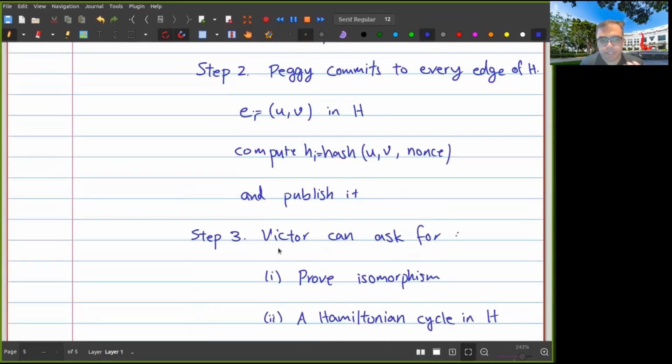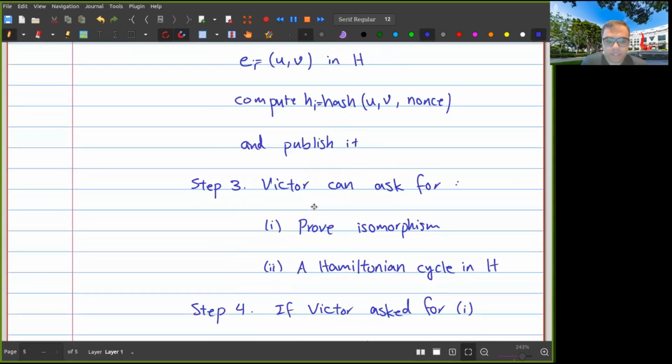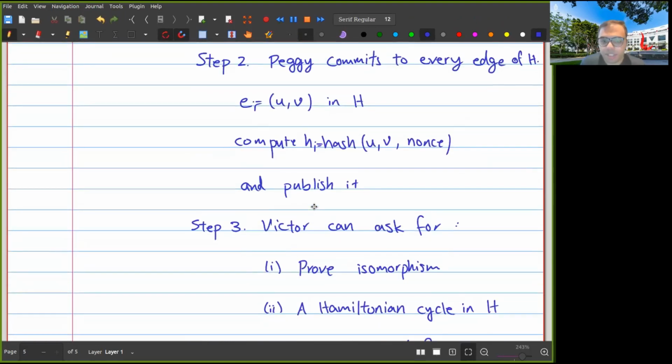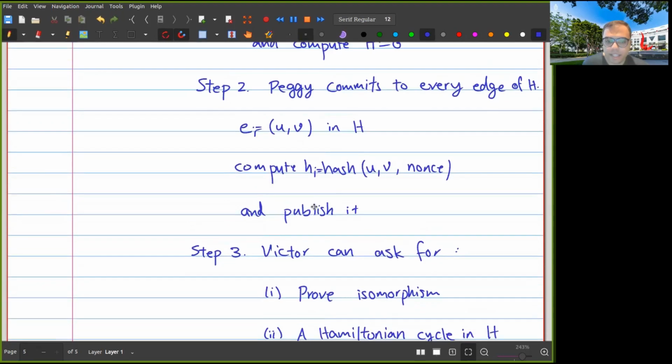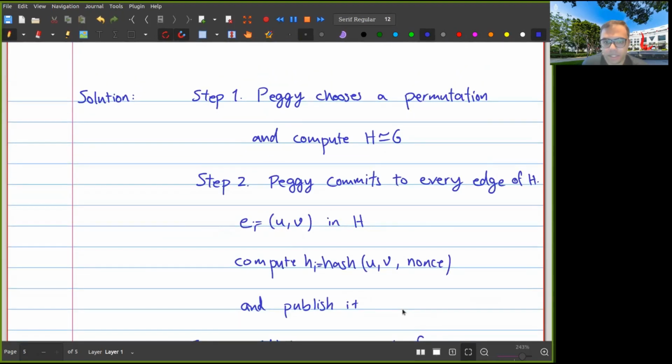Now, what does this achieve? Basically, we are not leaking any information now, right? Let's look at the information that Victor can get. If Victor asks to prove isomorphism to him, we are just giving him the graph H, and this graph H was chosen randomly, right? Peggy chose a random permutation. Whenever I say chooses, I mean choosing uniformly at random.